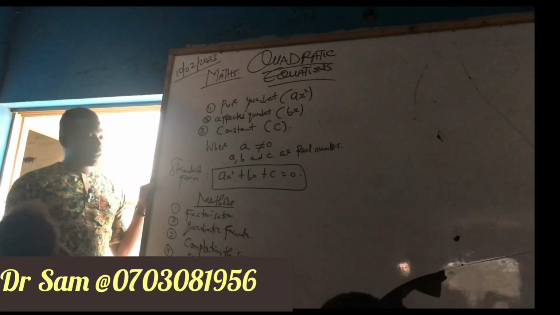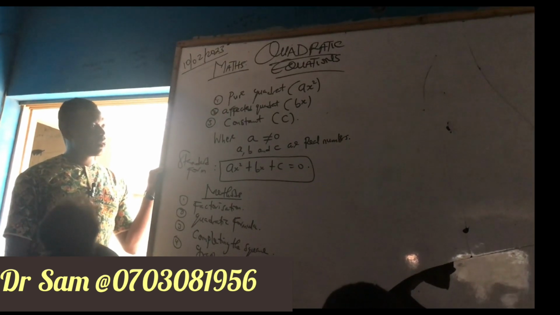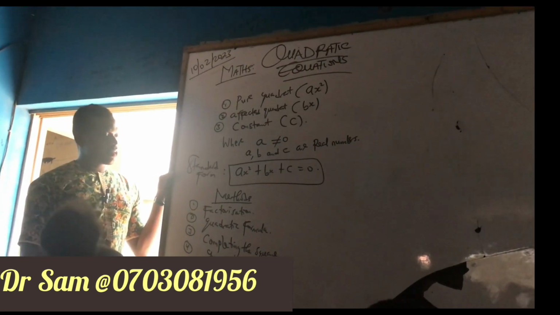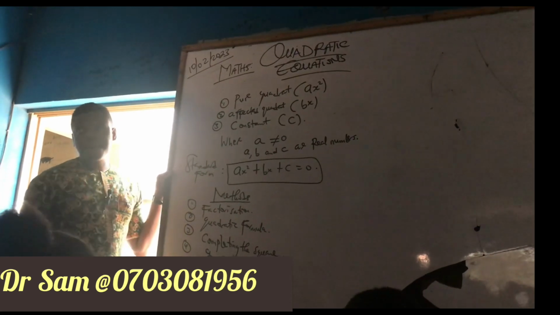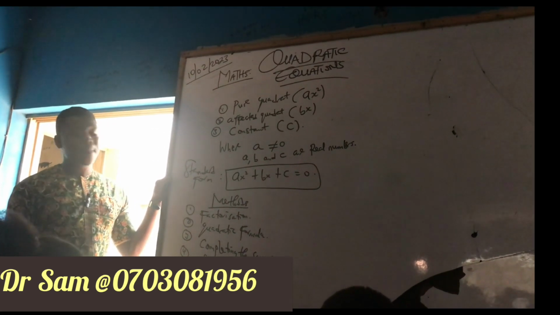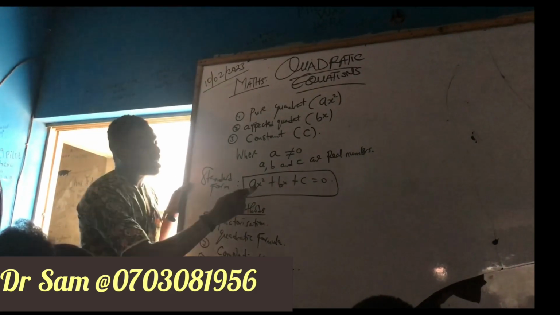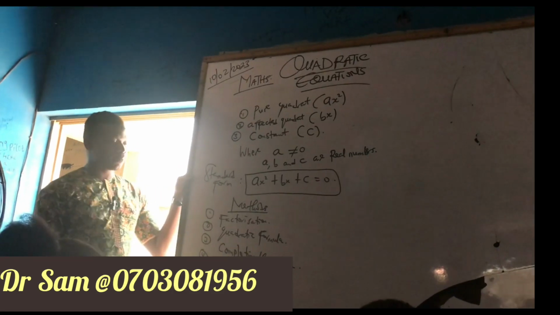So therefore, we are going to begin with the use of the quadratic formula. But before that, let's see how we can deduce the formula. Let's prove the formula using the standard form of the quadratic equation.